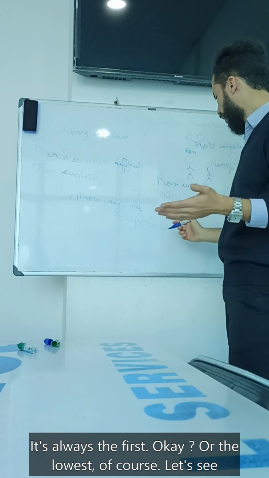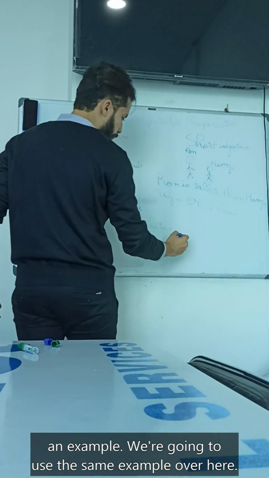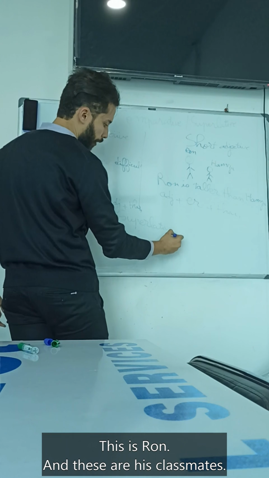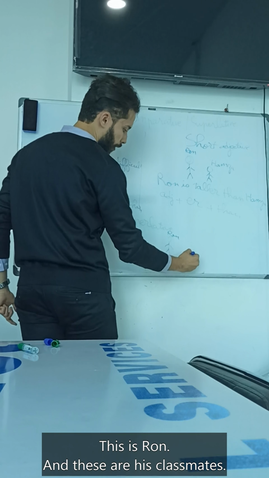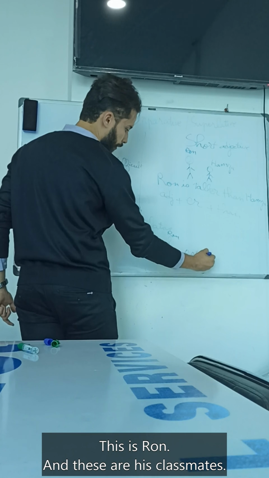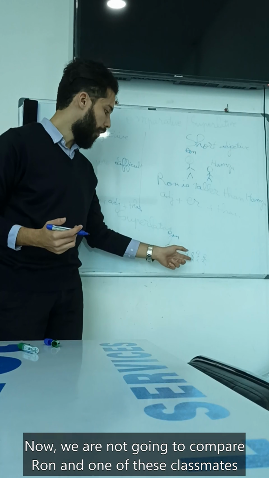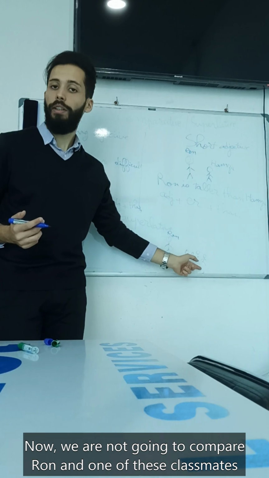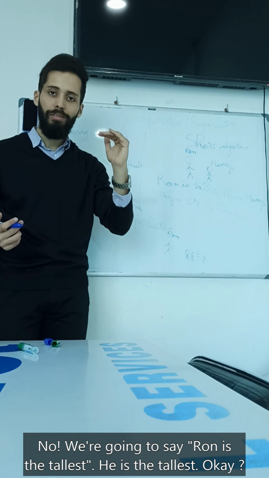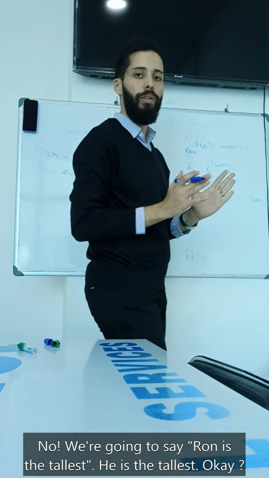Let's see an example. Yes, we're going to use the same example as earlier. Ron, this is Ron. And these are his classmates. Now, we're not going to compare Ron and one of his classmates. No, we're going to say Ron is the tallest. He is the tallest. Okay?